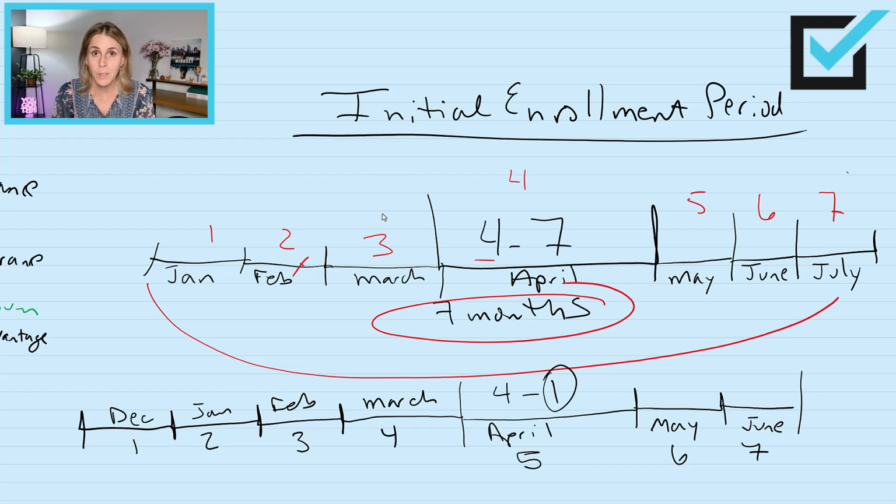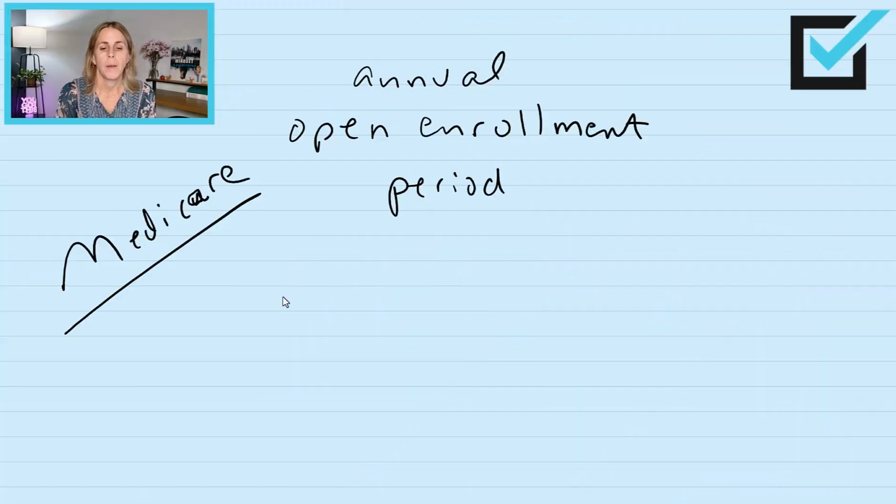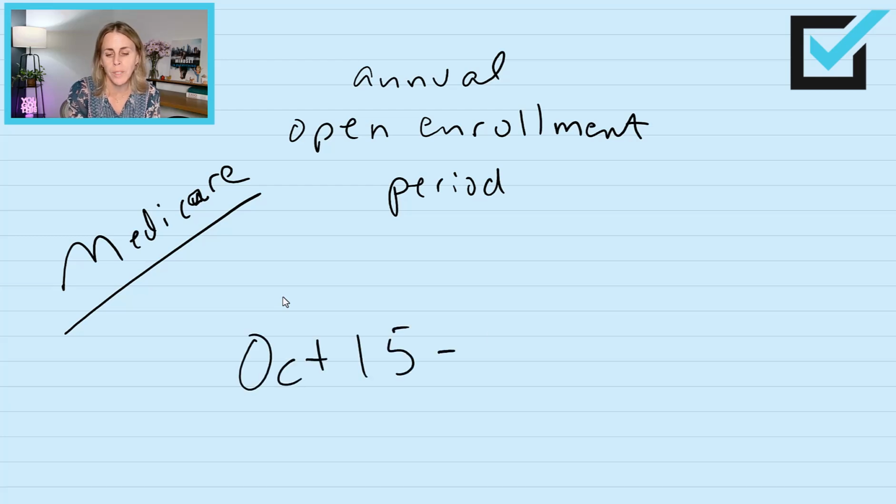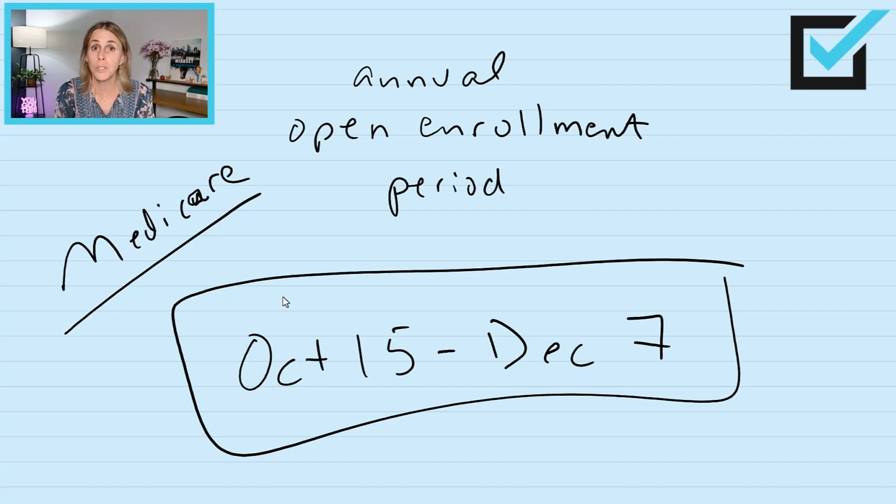What other dates might you need to know? Medicare has an annual open enrollment period. So every year from October 15th to December 7th, you can enroll or switch your Medicare. Now, if you do that during the annual enrollment period, your coverage change or your enrollment is not going to be effective until January 1st of the following year.